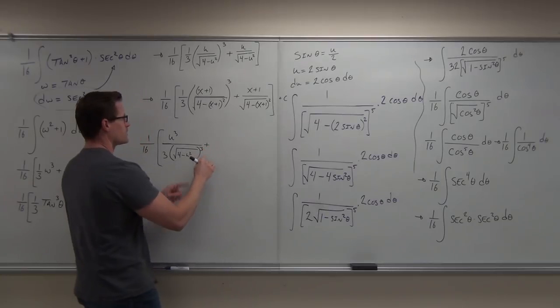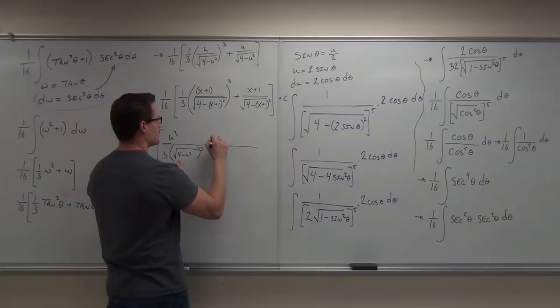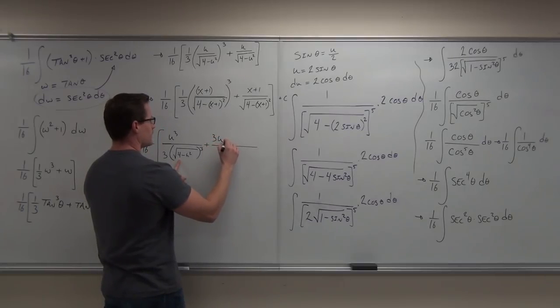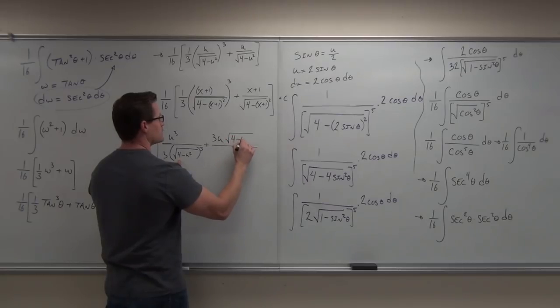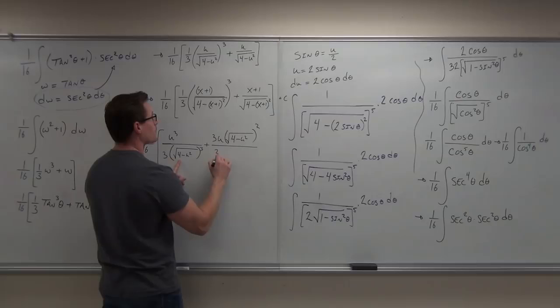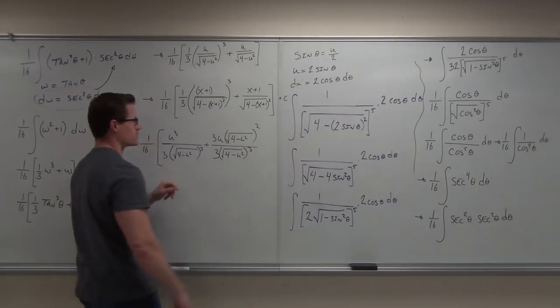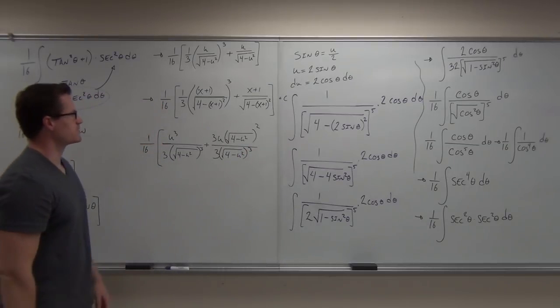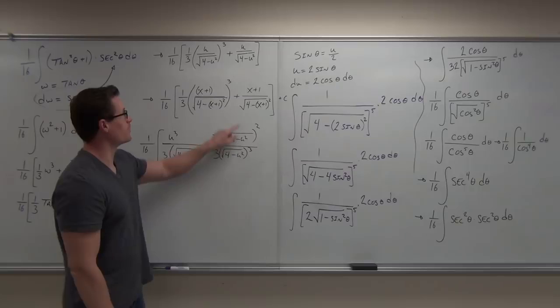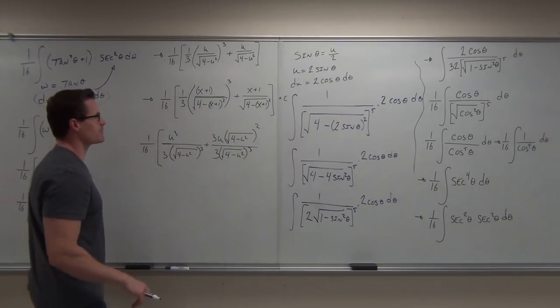I would multiply this by 3 and 4 minus u squared squared on both the numerator and denominator. That would change it to a third. If you simplify, you can see that I'm right. This would cross out all but one of those. This would cross out, you'd have just the u. So this is the same.